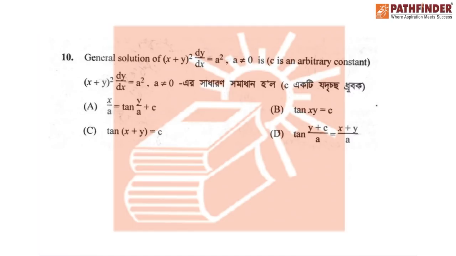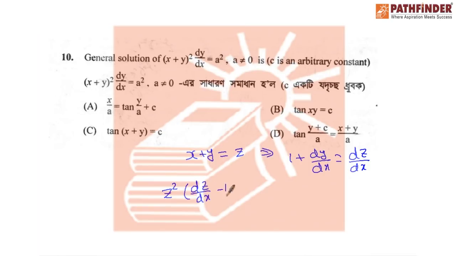Now move to the next question, which is question number 10. In this one, we will substitute x plus y equal to z. Then we get 1 plus dy by dx is equal to dz by dx. So after substitution, we get z square times dz by dx minus 1 is equal to a square.